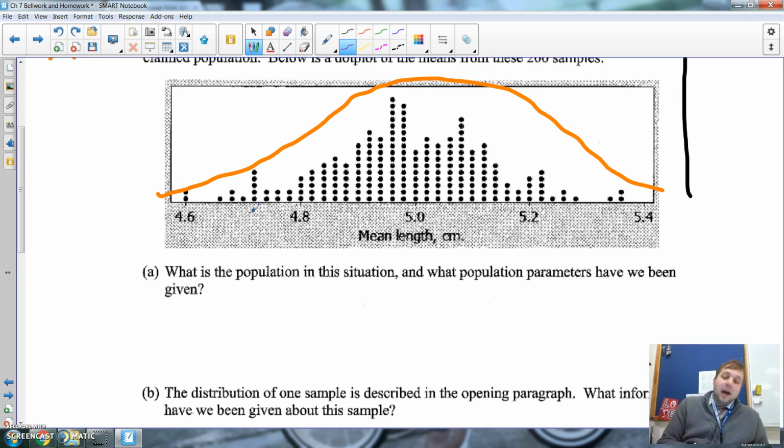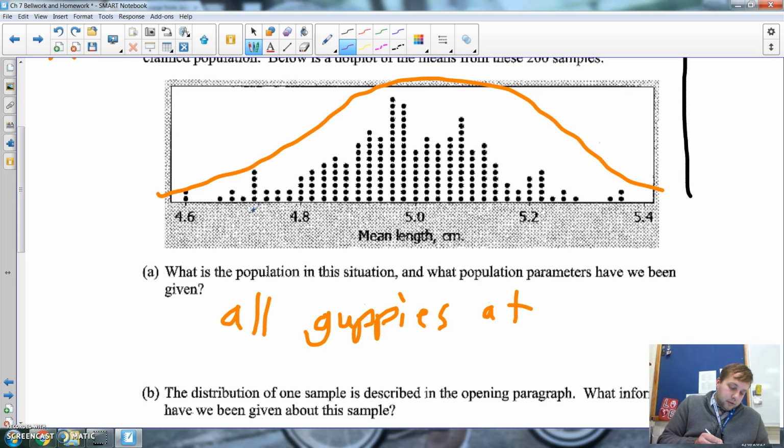Alright, so the population would be all guppies at a large pet store.